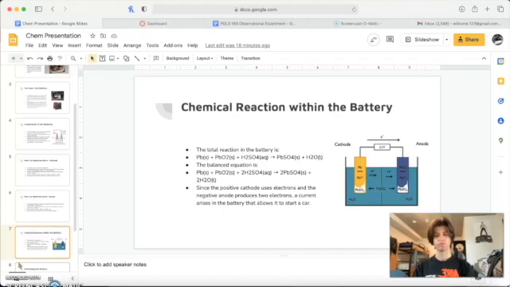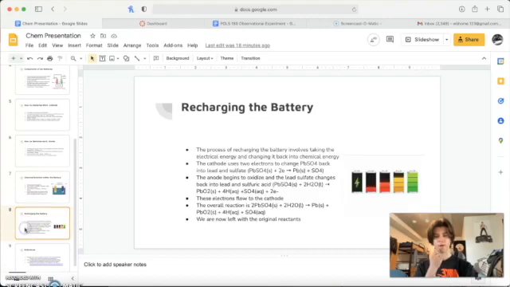So the balanced equation would be lead plus lead O2 plus 2 sulfuric acid equals 2 lead sulfate and 2 water. And since the positive cathode uses electrons and the negative anode produces 2 electrons, a current arises in the battery which allows the car to start and electricity to flow.